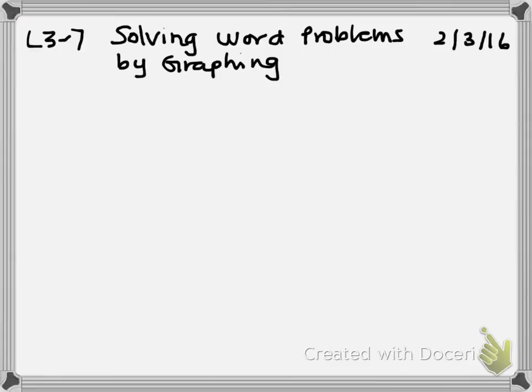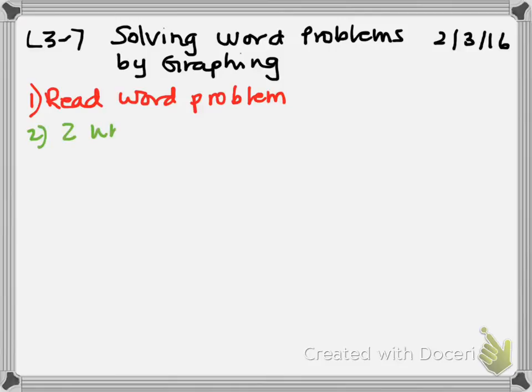So here's our scenario. Basically what you're going to be doing is read the word problem. I know that sounds silly, but that's what you need to do, and you need to read it a couple times. What you're going to find out is that there's two unknowns in this problem. You're used to the word problems we've solved in the past.